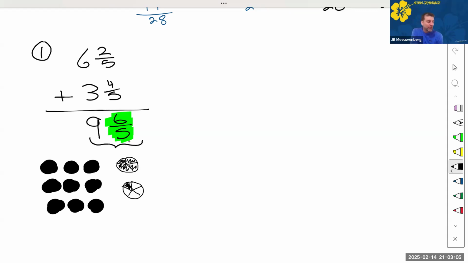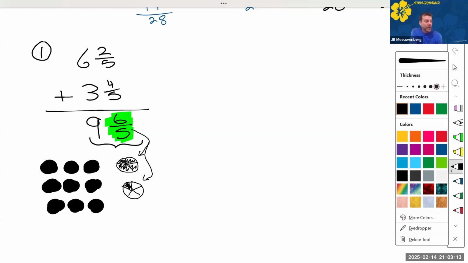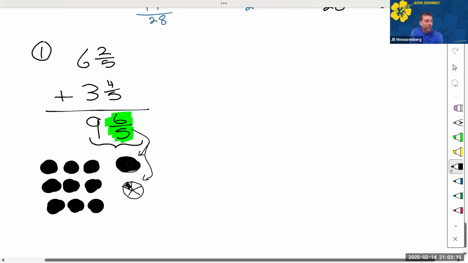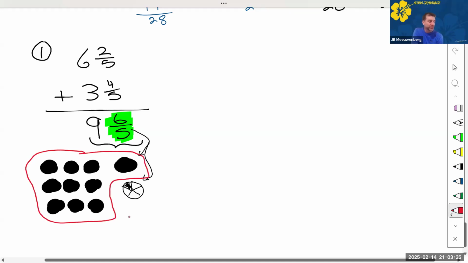So this part right here shows 6/5. But you'll notice that we shaded in one entire circle. So what we end up with here is a total of 10 completely filled in circles and 1/5 left over.